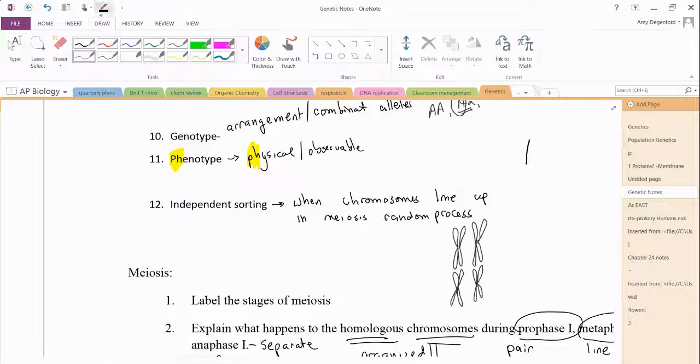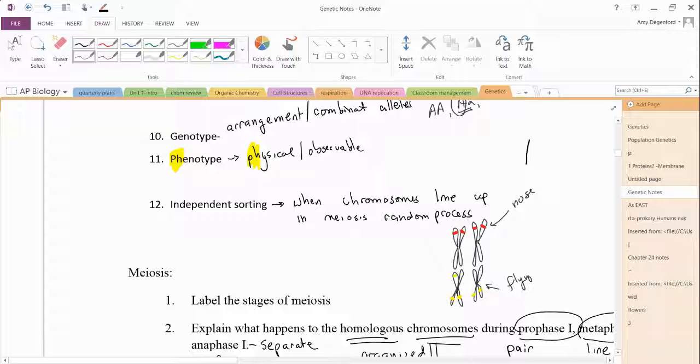let me use my red pen. Let's say in this top chromosome we have one gene, and then in our bottom chromosome, in a different spot, let's say we have a different gene. Let's label those. This might be the nose gene, and this might be the flying gene.